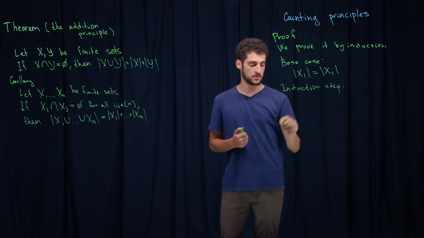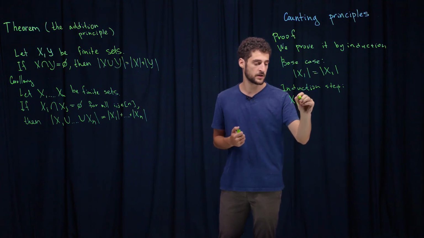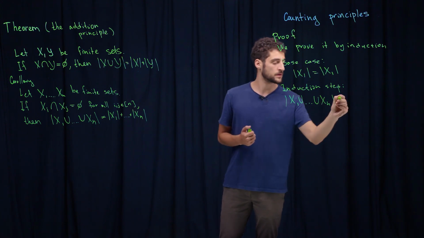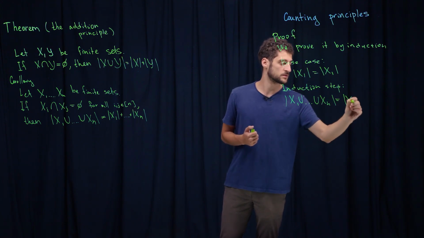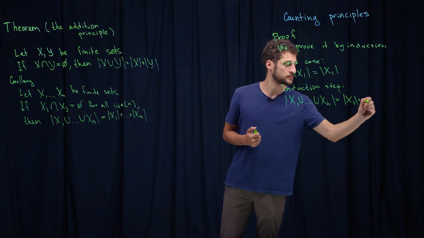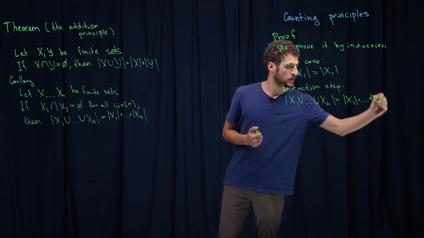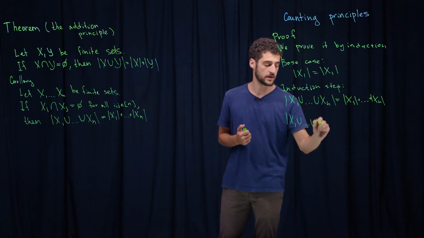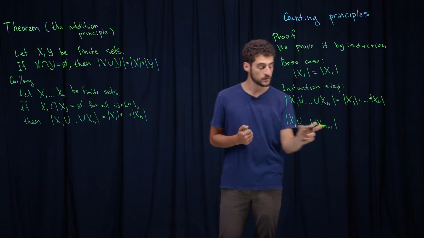The induction step is also almost the same. We know that the size of X1 union dot dot dot union Xn is equal to the sum of the sizes. And now we need to find the size of X1 union dot dot dot union Xn+1.